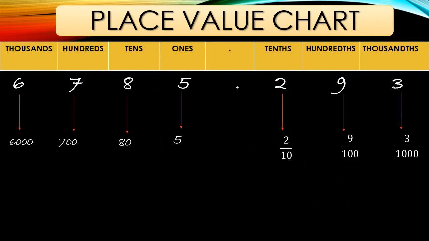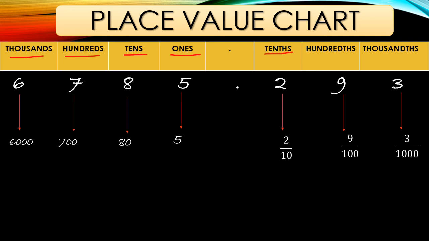Look at the place value chart shown below to understand decimals in a better way. We have already read the place value chart for whole numbers. We know the first place for whole numbers is ones, then we have tens, then hundreds, and then thousands, and so on. After the decimal, at the right side of the decimal, the first place is the tenth place. Here, there is a difference between tens and tenth.